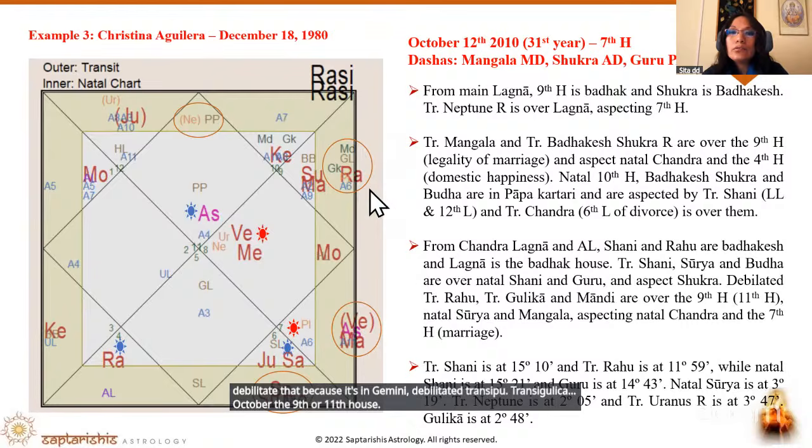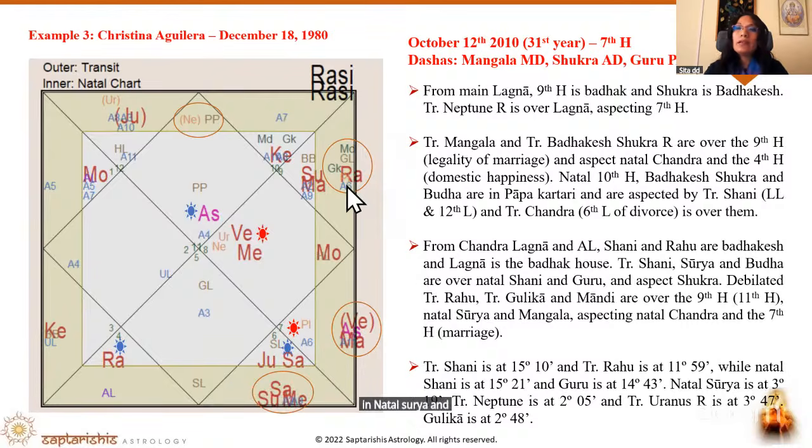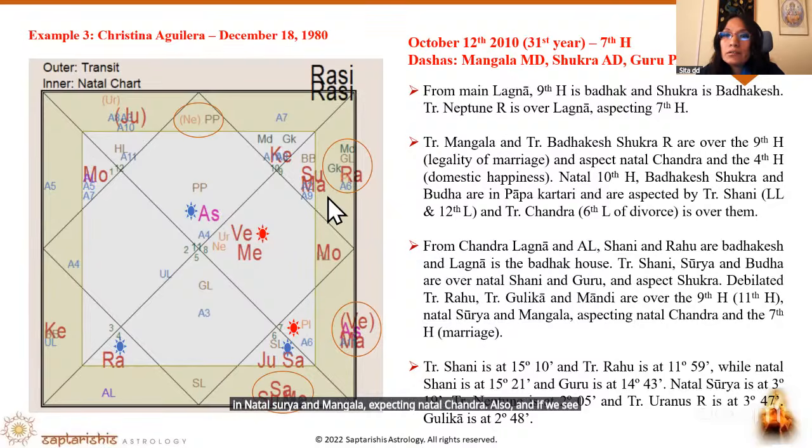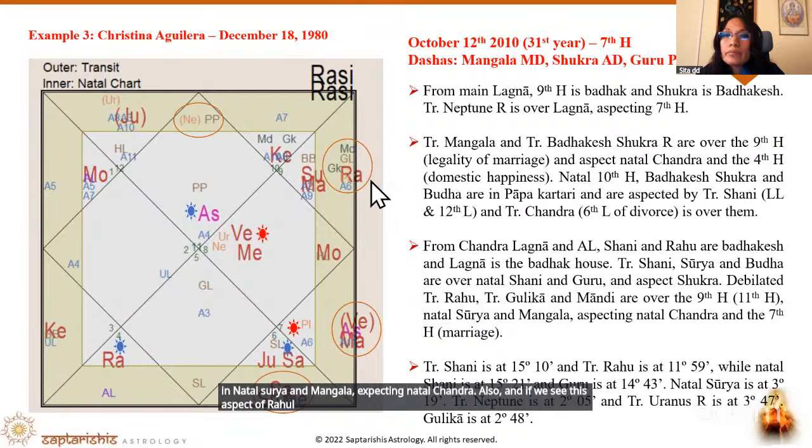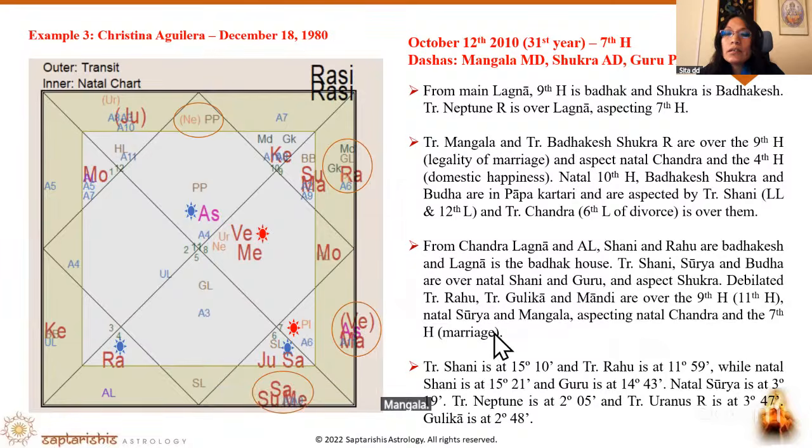And natal Surya and Mangala are aspecting natal Chandra also. And we see this aspect of Rahu and Mangala aspecting natal Chandra in the 7th house of marriage. Transit Shani, I'm mentioning the degrees also because they are close to each other.